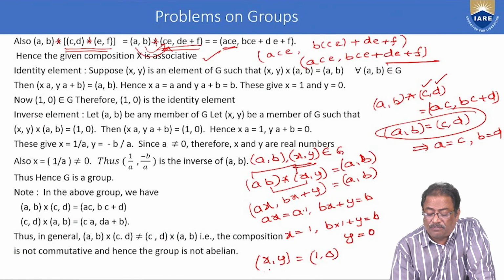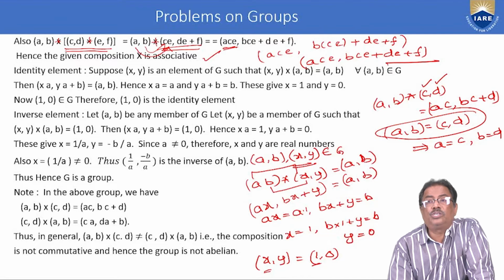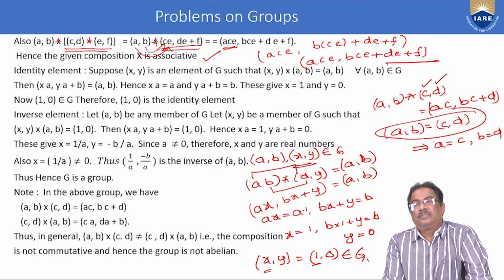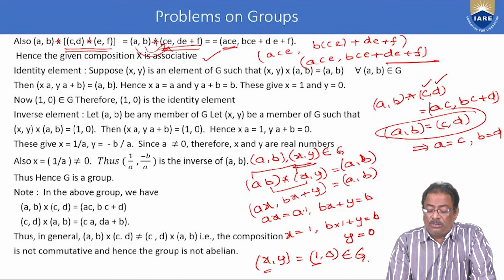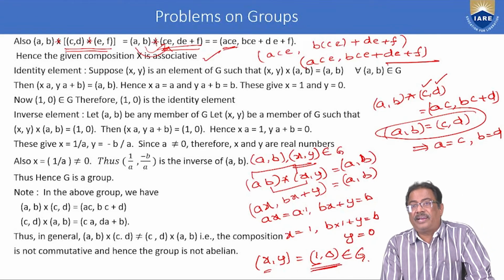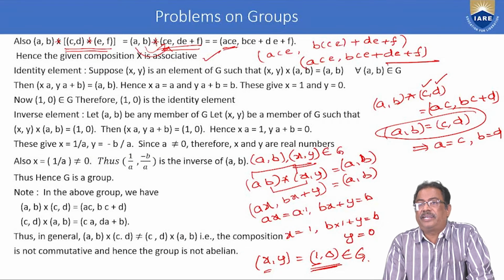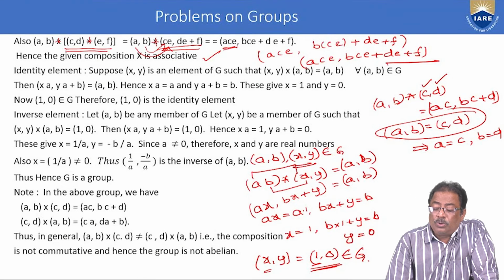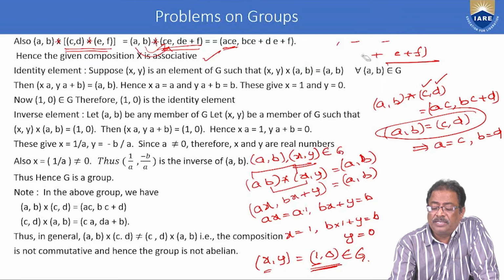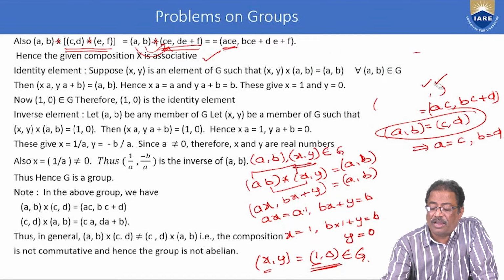Here the first element is not equal to 0, so definitely this is a member of G. So we can say that (1, 0) is an identity element. That means G has an identity element, and its value is (1, 0).